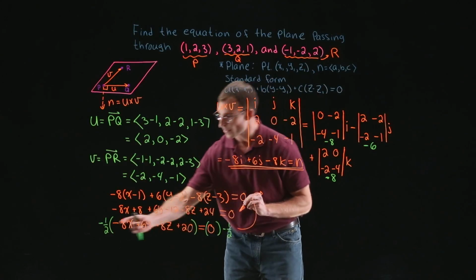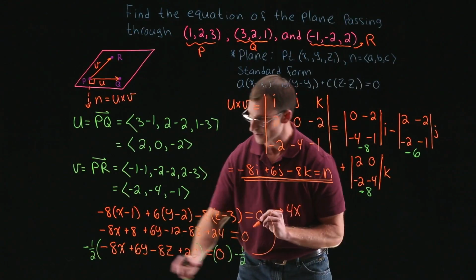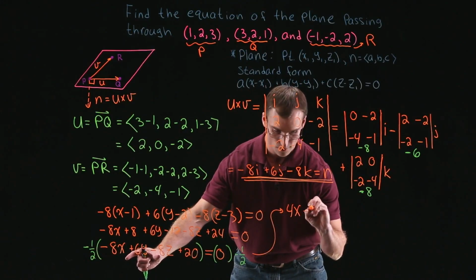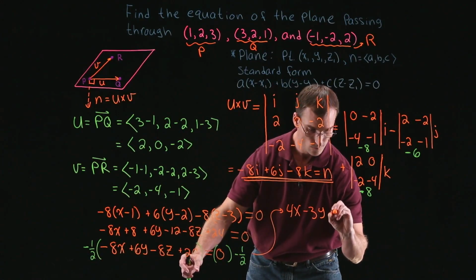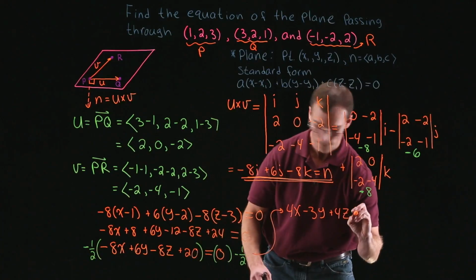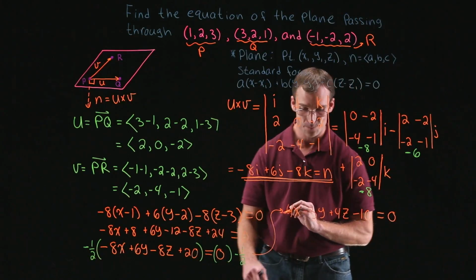And so what's that going to give us? So multiplying through with a -1/2, we'll have positive 4x minus 3y plus 4z minus 10 is equal to 0.